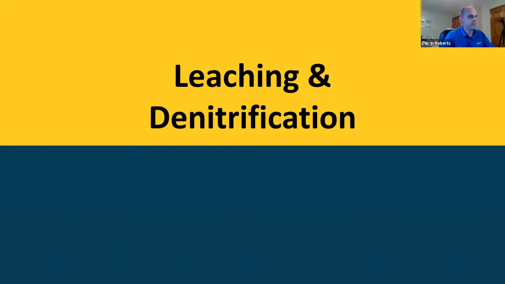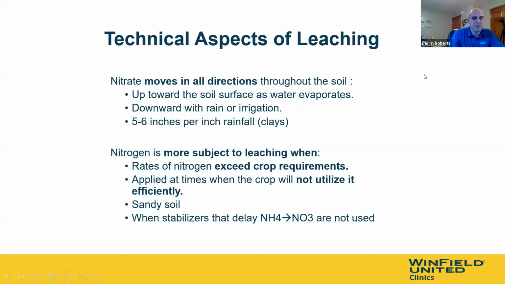Okay, so moving on with leaching and denitrification, we already talked about some of these principles with the demo. So some of the technical aspects of leaching: the nitrate can move in all directions throughout the soil. It really does move with the soil solution down through the soil profile. So nitrogen is more subject to leaching in some conditions, particularly if we're applying a lot higher rates than what the crop is going to be taking up.